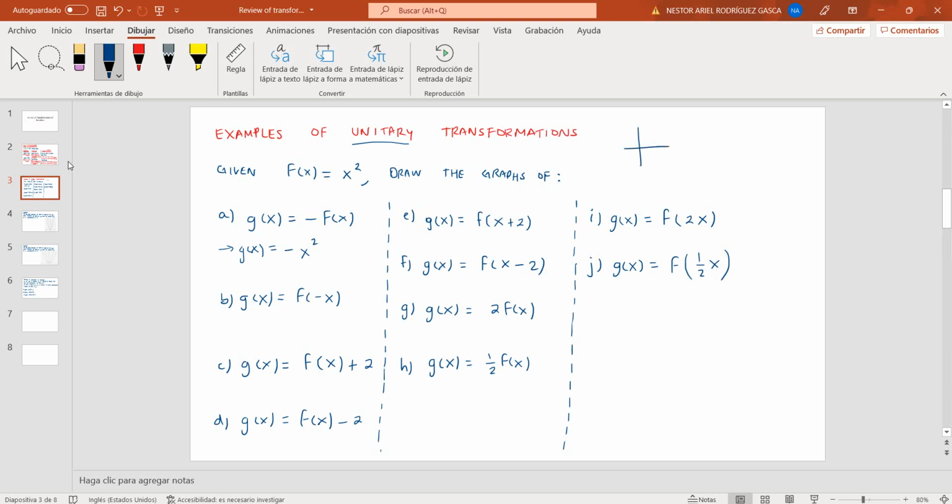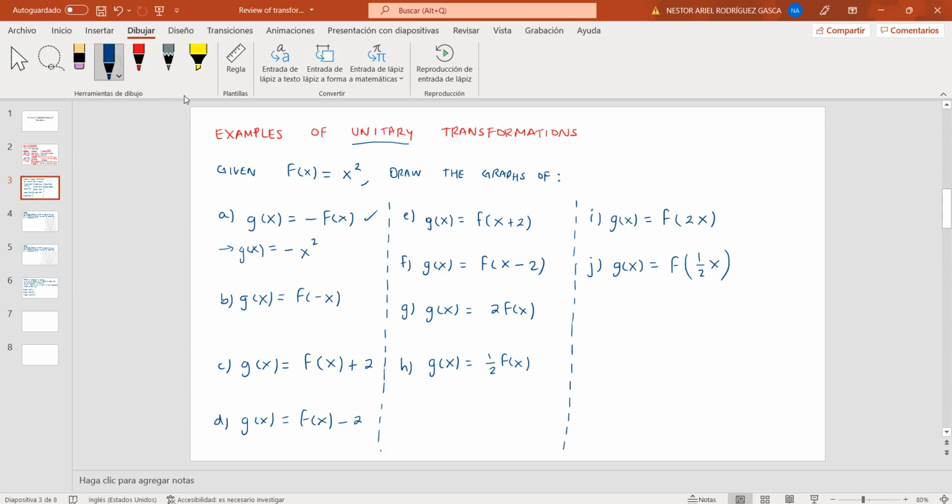Since we know that the graph of this function looks like this, then the graph of this function g is going to look like this. You see? So we're talking about a reflection around the x-axis. This is being reflected around the x-axis, and it's going to end up looking like this. So there you go.